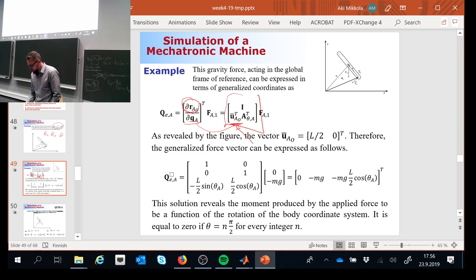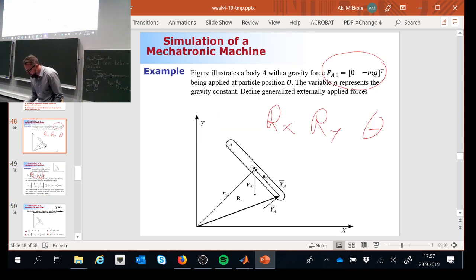Let's take a look. We have here the body reference coordinate system, and the vector U bar is the one that is traveling along the body reference coordinate x direction to this point. If the length of the body is L, then the vector U bar has to be L divided by 2, 0. You see that?